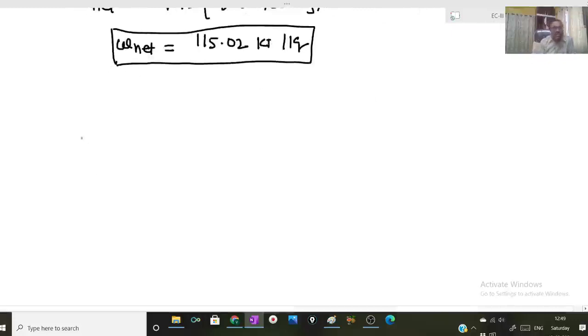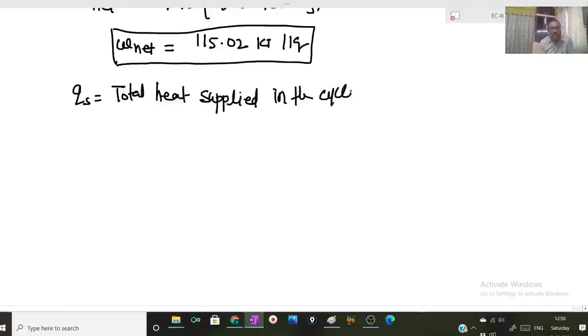Similarly, QS is total heat supplied in the cycle, and this is equal to heat supplied in the combustion chamber 1 plus heat supplied in the combustion chamber 2. These two values we have already calculated.